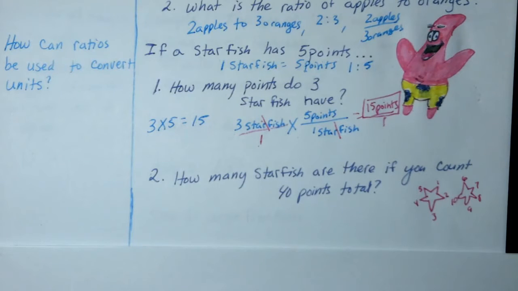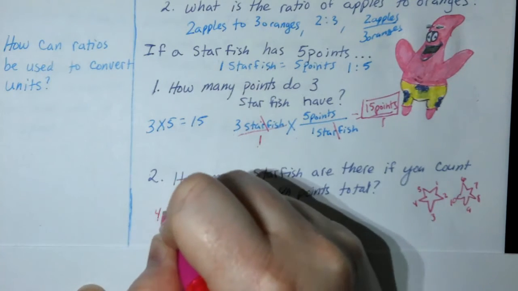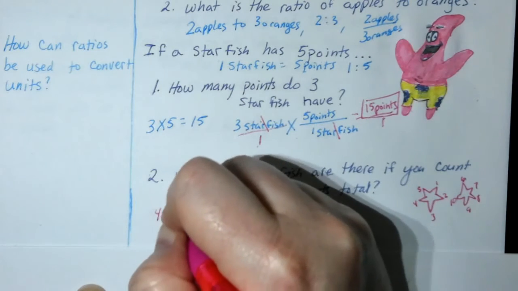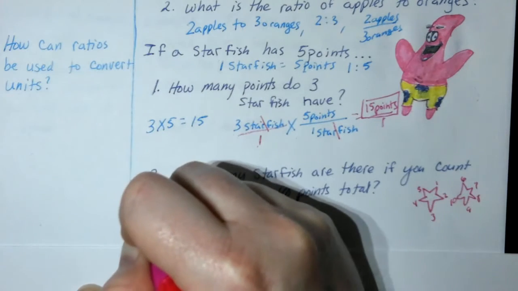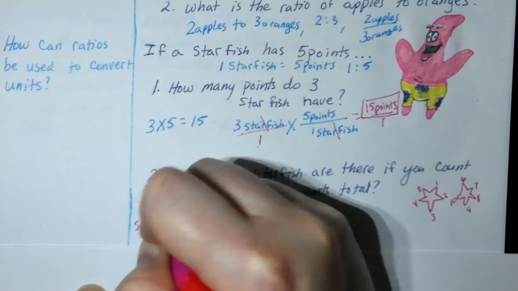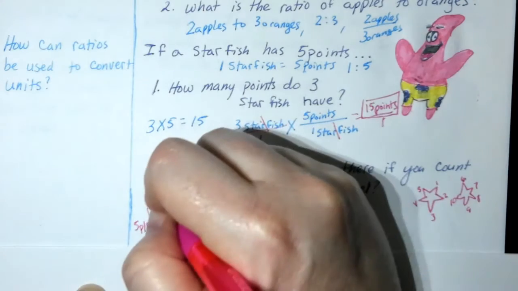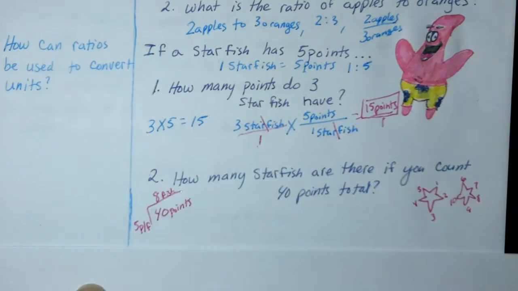Or you probably are thinking, come on, Miss Riggle, do not sit there and draw a bunch of stars. Just divide. Okay, I can divide. So you probably know 40 points divided by 5 points per fish equals 8 fish, or starfish.